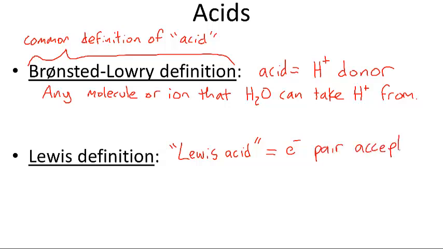A Lewis acid is an electron pair acceptor. So it's a molecule or an ion that another molecule or ion can come along with a lone pair and share it with that Lewis acid.